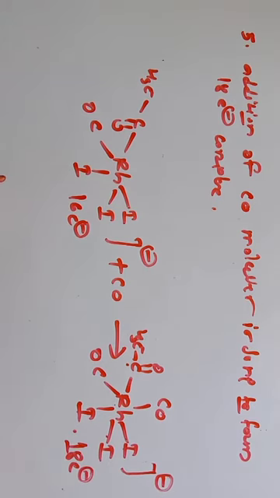So the first step is formation of the catalyst, second is conversion of methanol to methyl iodide, next is oxidative addition of this iodomethane to the active catalyst to form an 18 electron species.